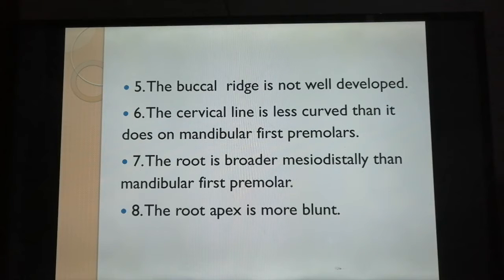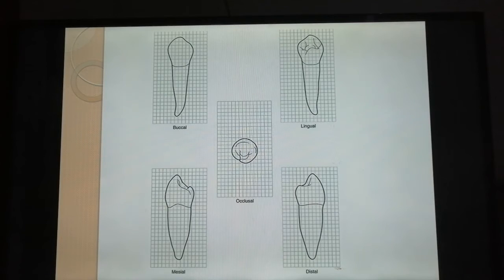Number 5, the buccal ridge is not well developed. Number 6, the cervical line is less curved than it is on the mandibular first premolar.